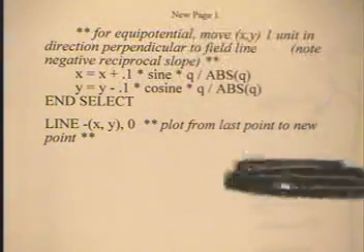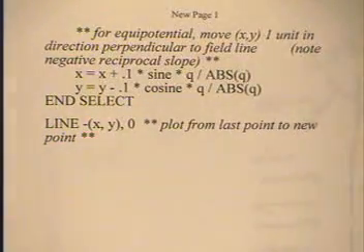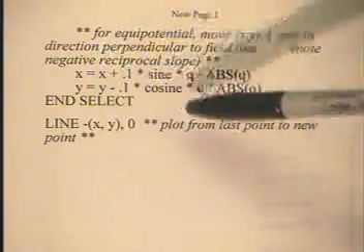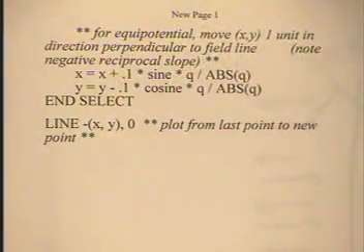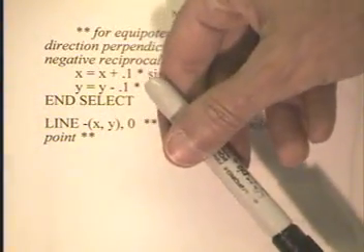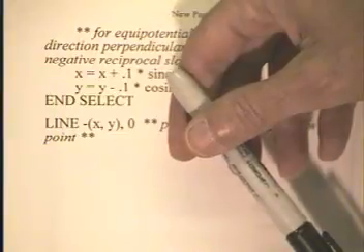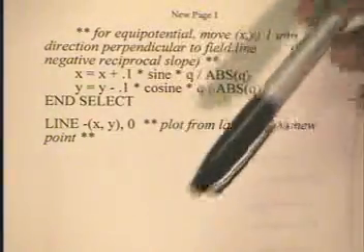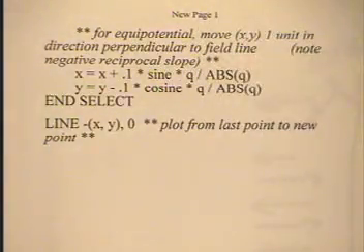This takes the equipotentials in the direction perpendicular to the field lines, just using the idea of a negative reciprocal slope being perpendicular to a line with a given slope. So at a point x, y, instead of moving in the direction of the field as defined by the sine and the cosine, we flip the sign, and we go in the perpendicular direction.